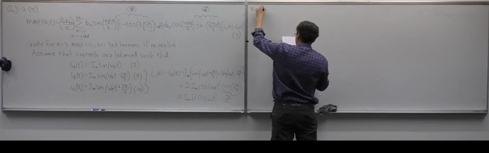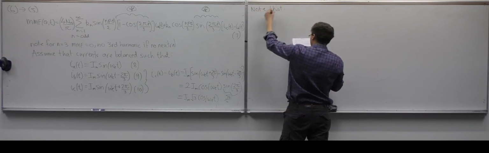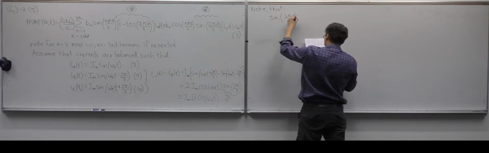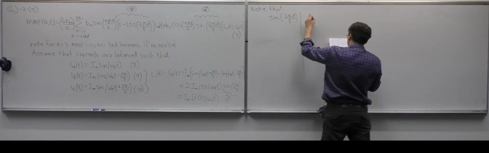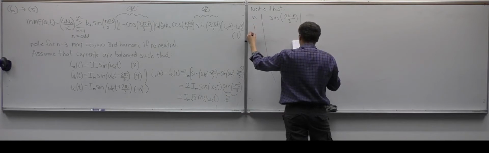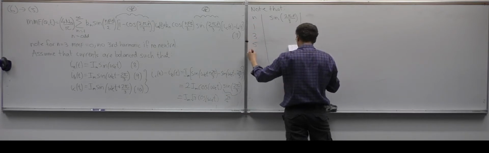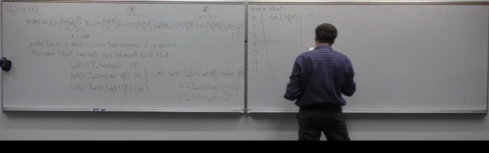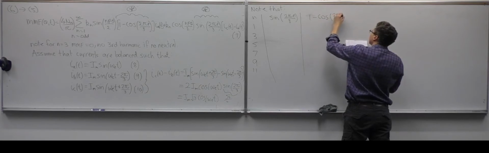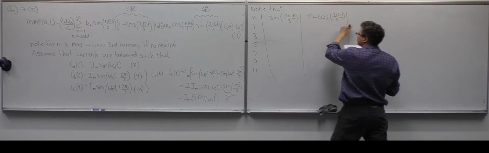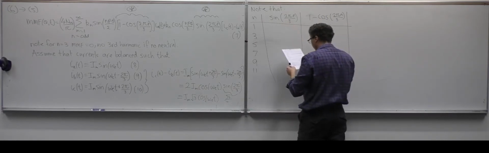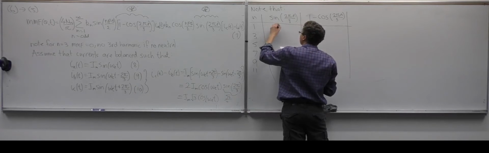So note that if we have sine 2 pi n over 3, n 1, 3, 5, 7, 9, 11, and 1 minus cosine 2 pi n over 3. When n is 1, this gives us square root of 3 over 2.